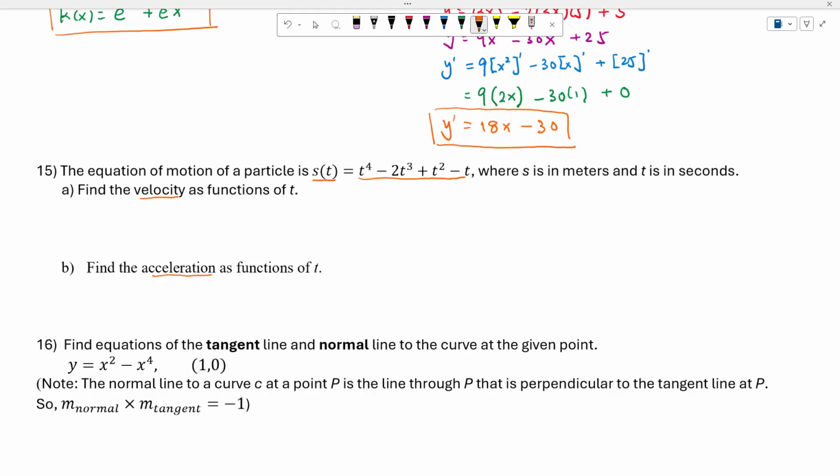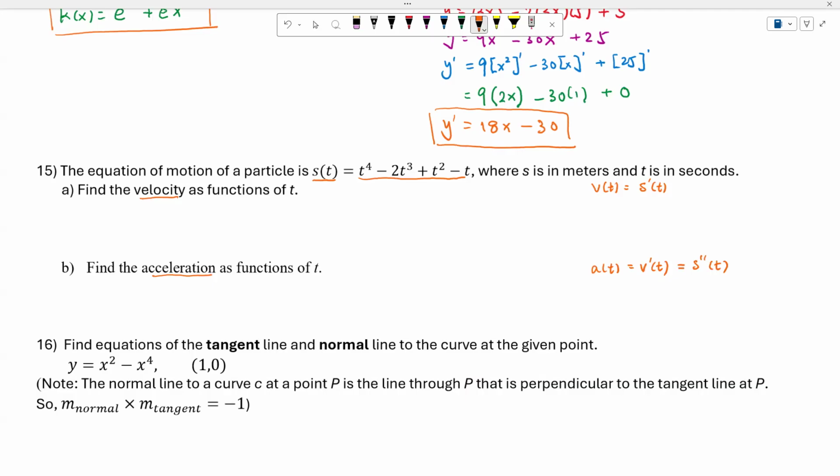And remember, velocity is the first derivative of the position function. And acceleration is the first derivative of the velocity or the second derivative of the position function then.